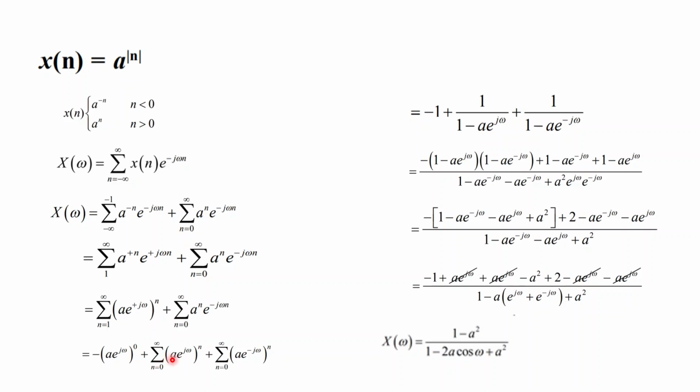So here it is added, here it is subtracted. So the same we will get. Simplify this equation and write it in the form of 1 minus a square by 1 minus 2a cos omega plus a square. This problem is very important, frequently asked for either DTFT or Z transform. If it is asked for Z transform, in place of e power j omega, substitute Z.